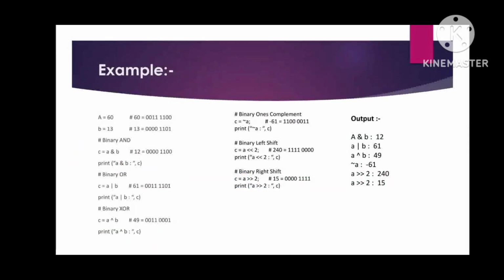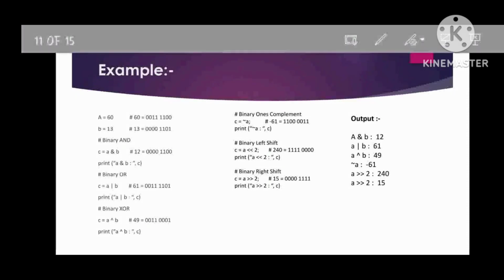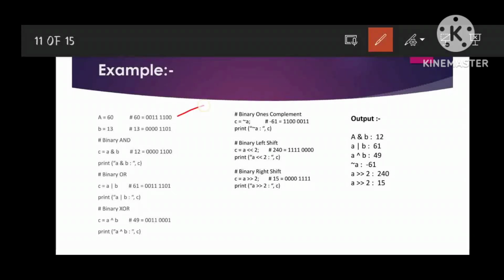Now we'll see one example. Initially, A is equal to 60, its binary form is 00111100, and B is equal to 13, its binary form is 00001101. First of all, we have to perform the binary AND operation.